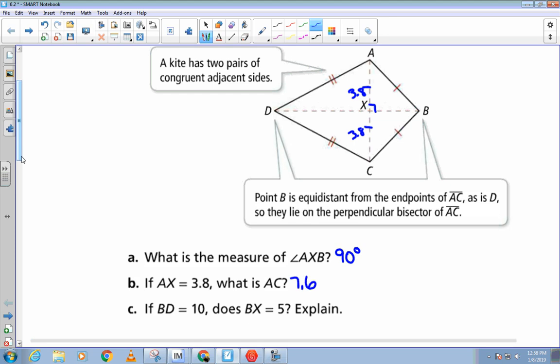If BD is 10, does BX have to be 5? No, it wouldn't be, and we just talked about that. D is not equidistant to A and C, so DB is not a perpendicular bisector. I said that wrong: A is not equidistant to D, so it is not a perpendicular bisector.